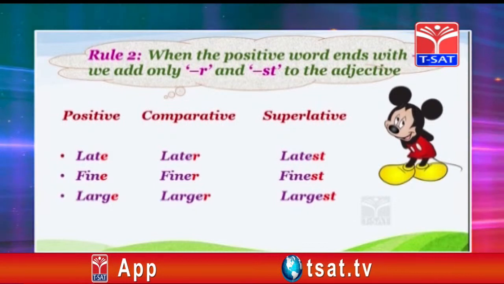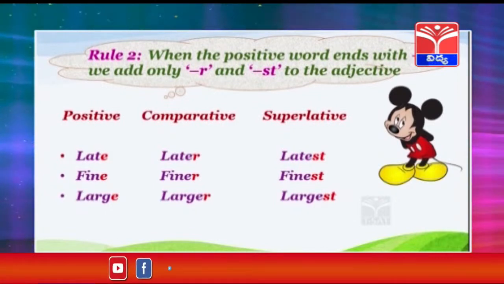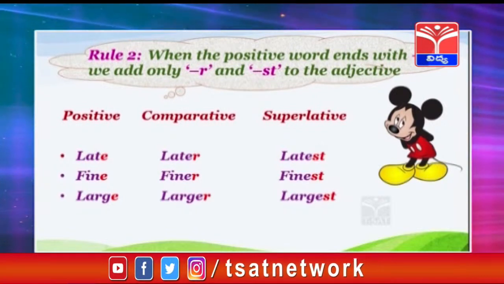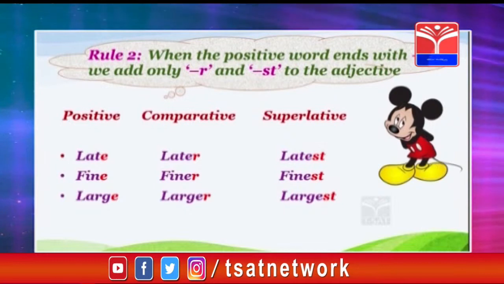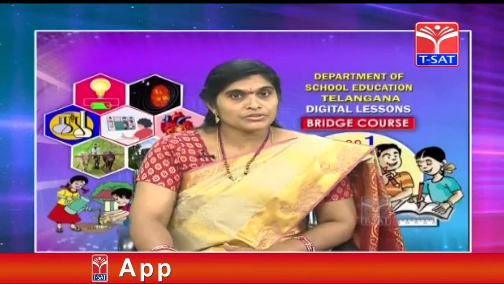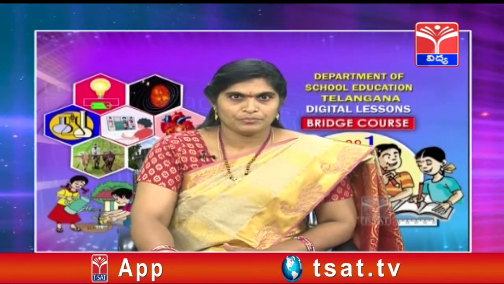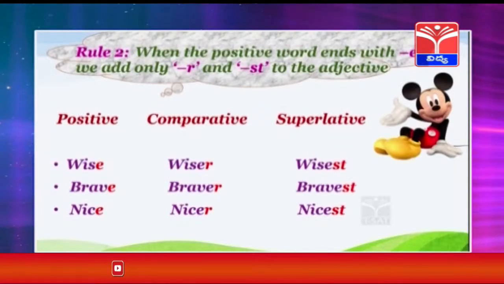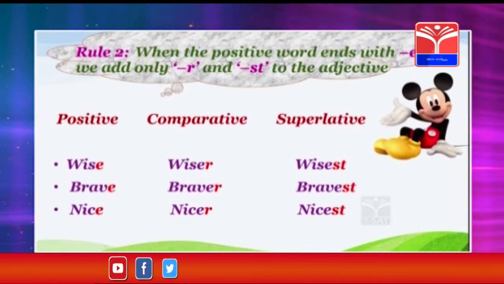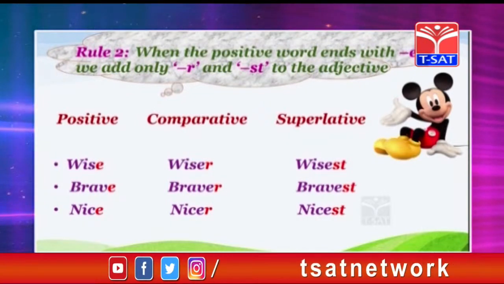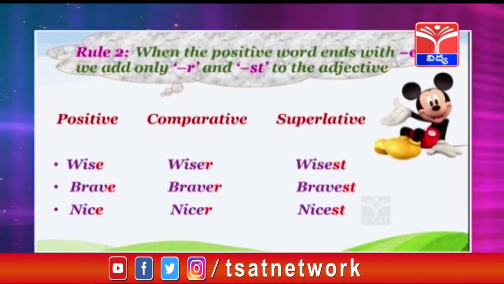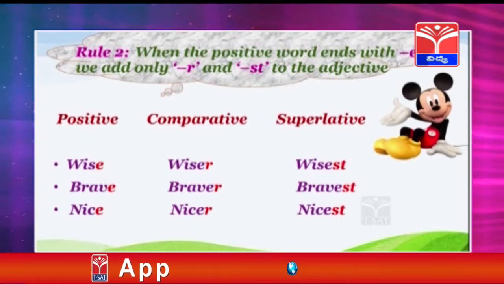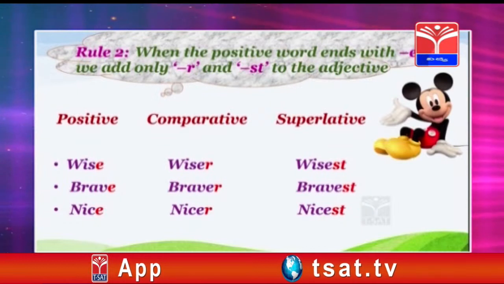Late, later, latest. Fine, finer, finest. In the same manner, large, larger, largest. Shall we go through some more examples, children? Here the word wise becomes wiser in comparative degree and wisest in superlative degree. In the same manner, brave, braver, bravest.